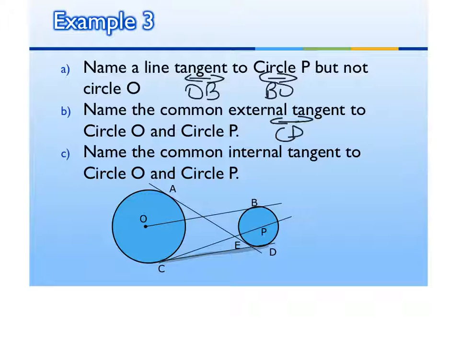So notice CD is here. Remember, to find the internal and the external, you're going to draw the connecting line. Oh, I see X. So it wouldn't hit the connecting line. So it's exterior. The connecting line would be the middle diagonal. Right, you would have to draw that in. And because CD doesn't intersect that segment, then that's the external tangent. Okay, now name the common internal tangent to circle O and P. Bella. AE. Good.